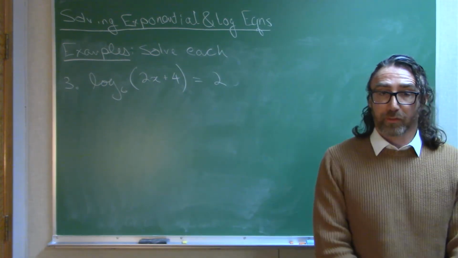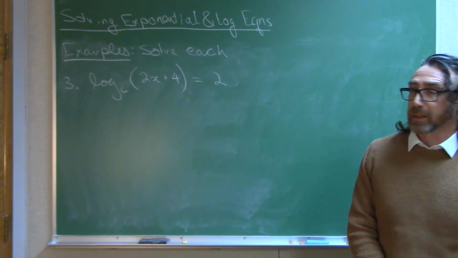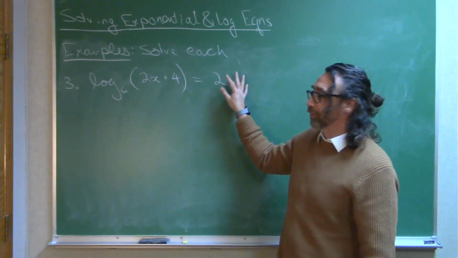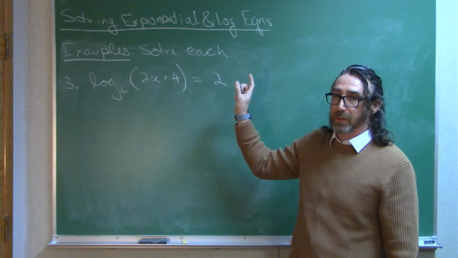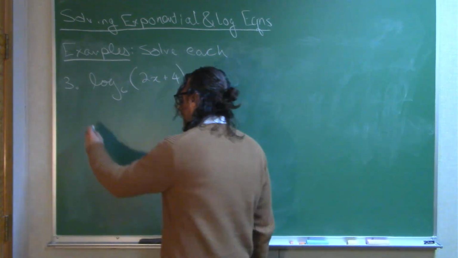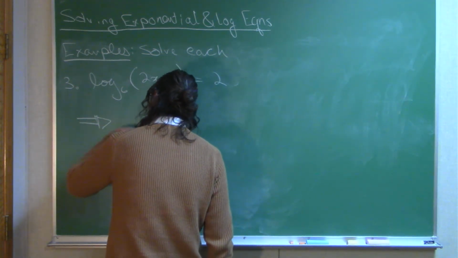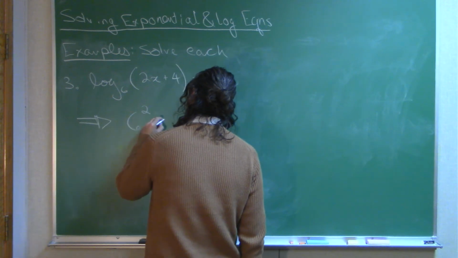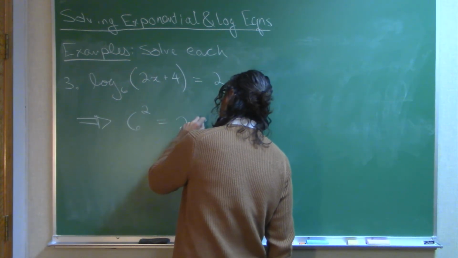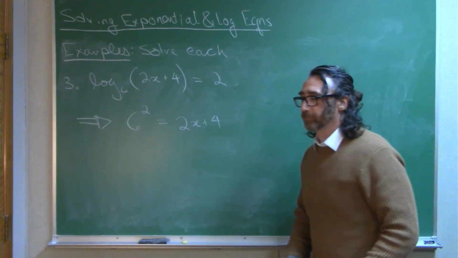Okay, in this case, the log is already isolated. It's log of something equals stuff over here that has no logs. Okay, so I'm going to convert right away. 6 to the power 2 equals 2x plus 4.